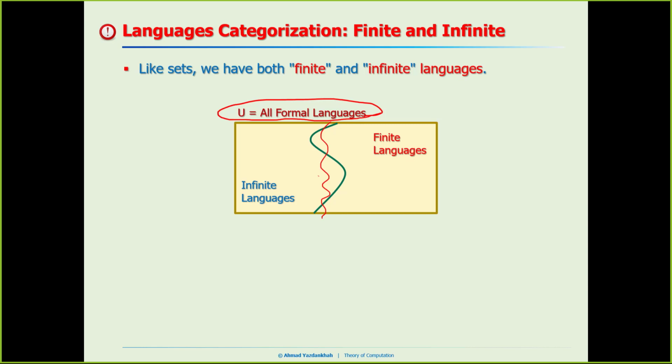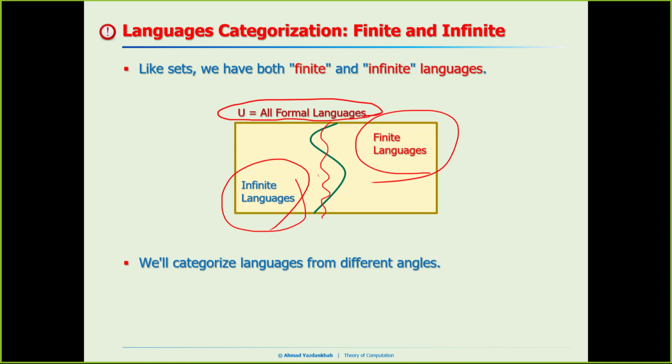We will see several categorizations in the future. This is one of our very interesting and desired things, to categorize the languages from different points of view. Here we categorize them from the size point of view, and you will see many other things later.